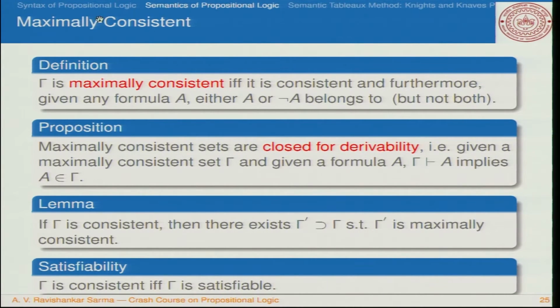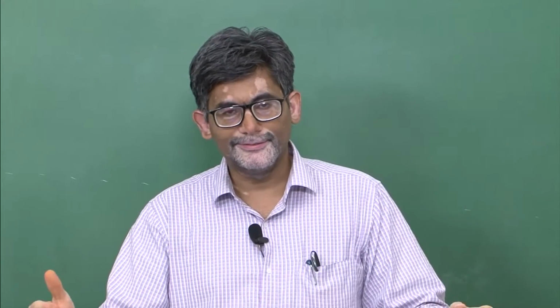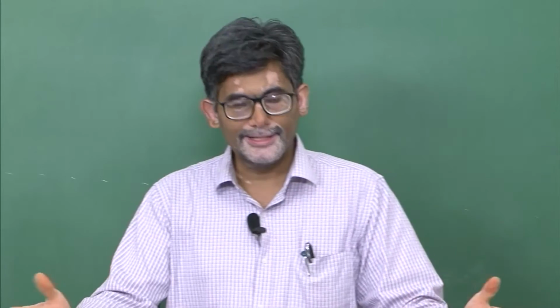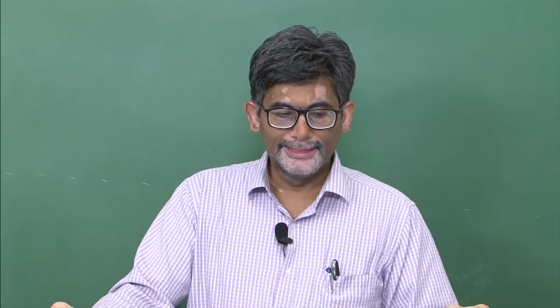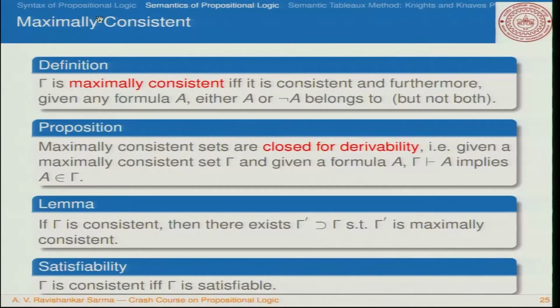The law of excluded middle tells us that either P is the case or not P is the case, one excludes the other. If you cannot prove P and you cannot even prove not P, there is no way in which you can validate this fundamental law of logic. So for maximal consistency, either A has to be derivable or not A has to be the case, but it should not be the case that both are derivable from a given system.